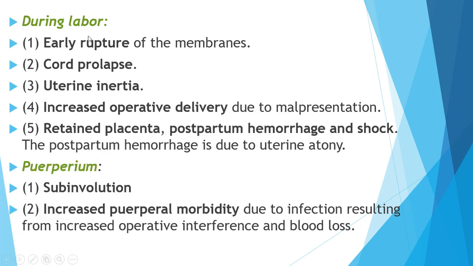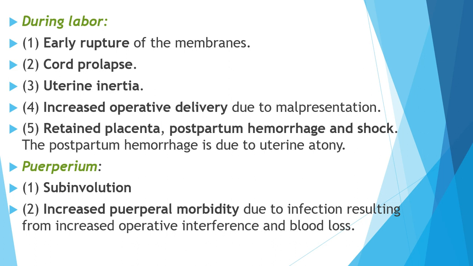Next, during labor, there is early rupture of membrane. Already told, because of the more amount of fluid, when the contractions start there is a chance of early rupture of membrane. When the amount of fluid is more, the head will not be fixed, so there is a space between the presenting part and the pelvis.